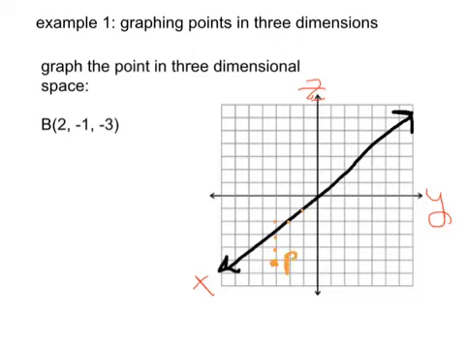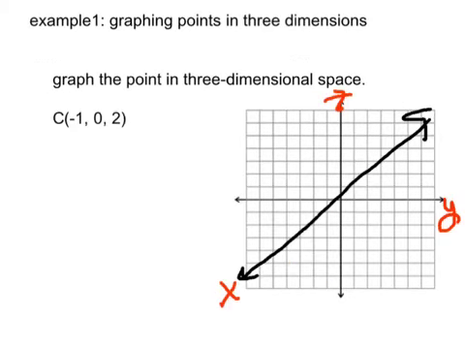And then you're just going to label it B. Another one, negative 1, 0, 2. We always start out at the origin. I'm going to go negative 1 in the x direction, back that way. Let's try that again. It's sort of messy. Negative 1, 0 in the y direction, and then 2 in the z direction, and label it C.